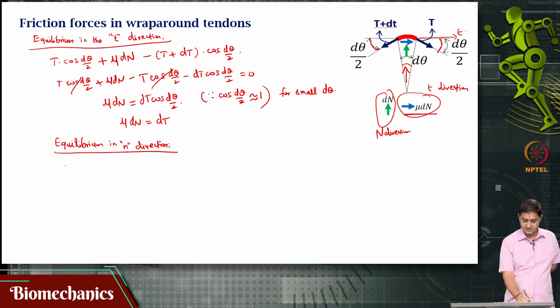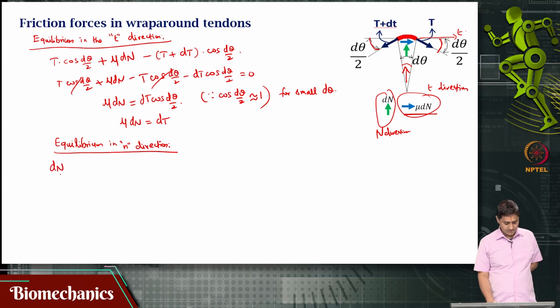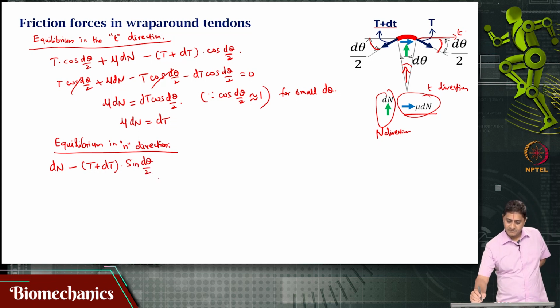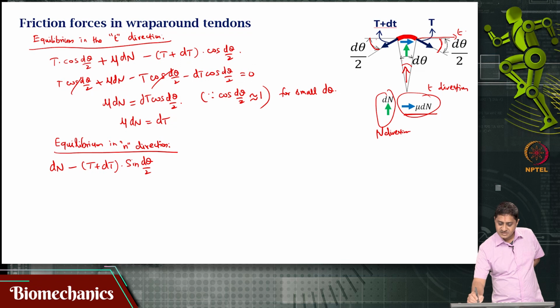Equilibrium in the n direction gives dn minus (t plus dt) times sin d theta by 2, because of this force, is it not? This force, or the component of t plus dt in the negative n direction.